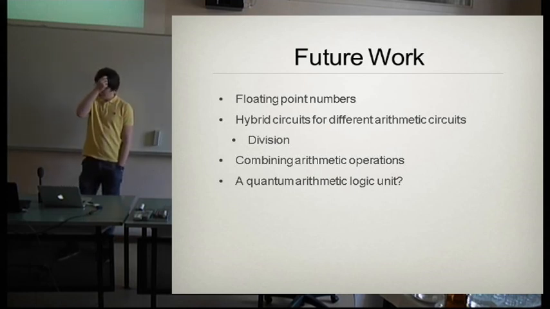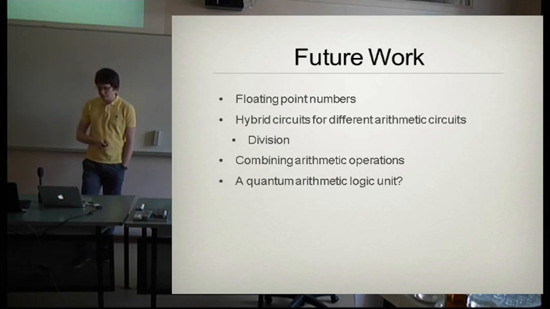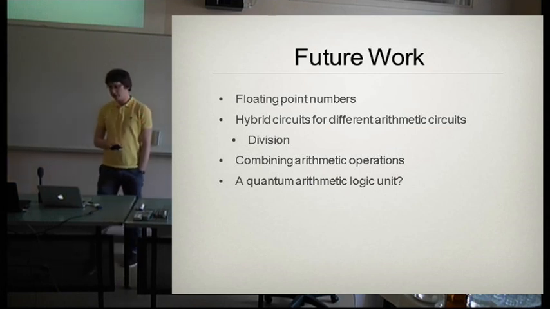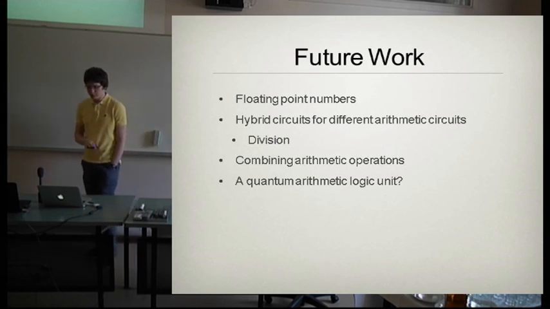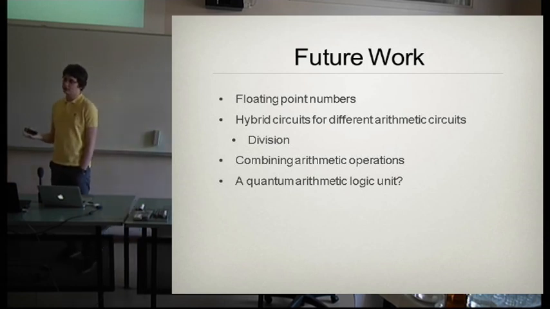We could try to combine different arithmetic operations, see if a sequential application of different ones would give you some kind of benefit, since one application of this MAC wouldn't make any difference at all. And we could see if it would be reasonable to construct a quantum arithmetic logic unit. Would it give you any benefit over a classical one?